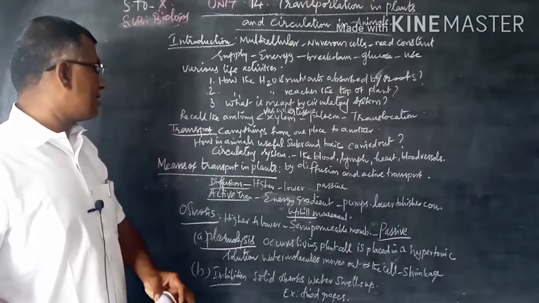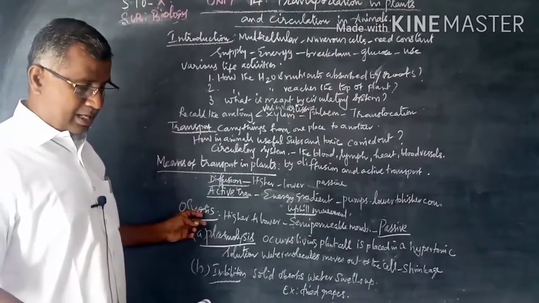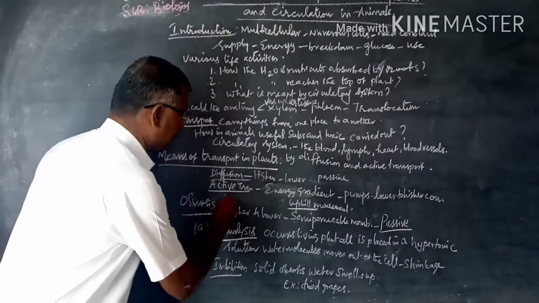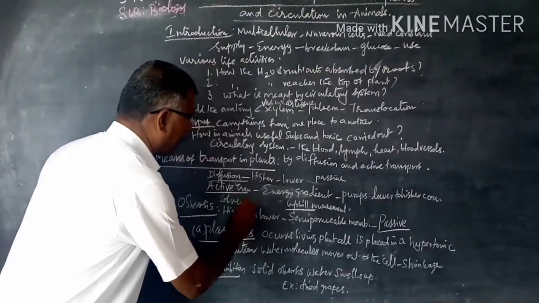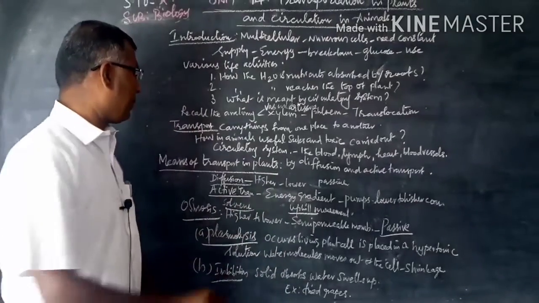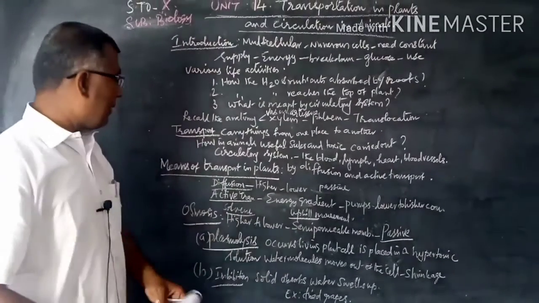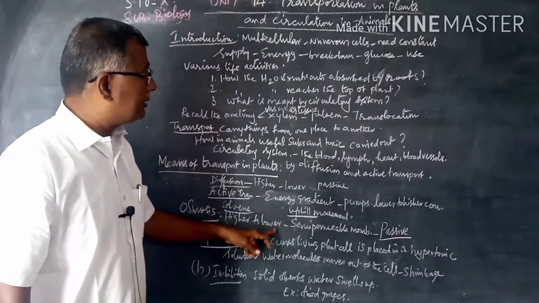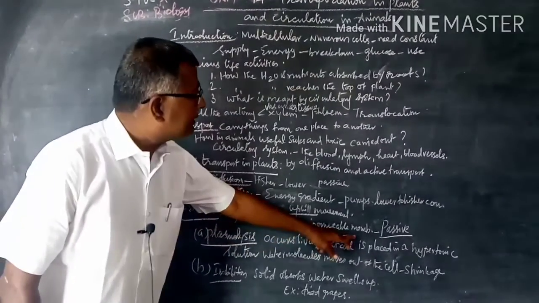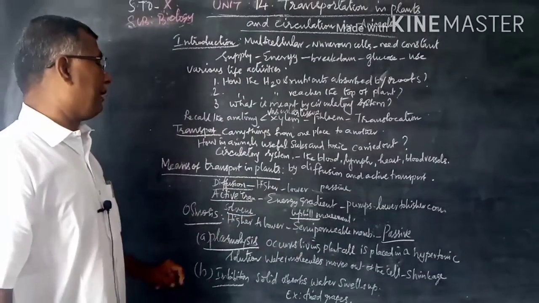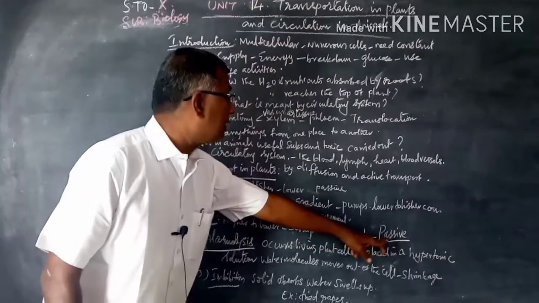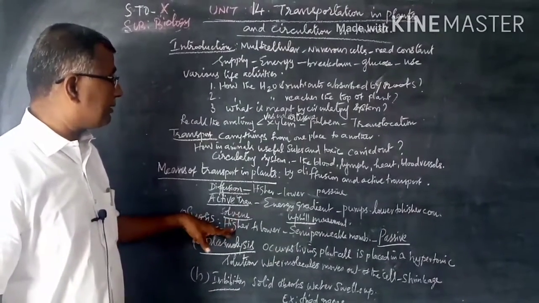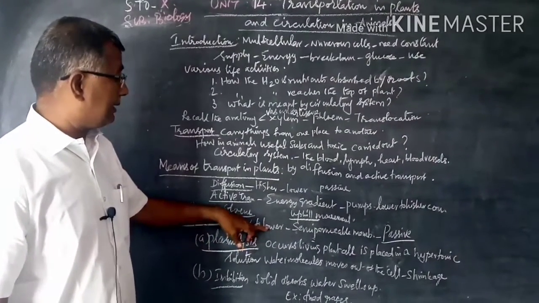Then osmosis. What is called osmosis? Osmosis is the movement of solvent or water molecules from higher concentration to lower concentration through a semi-permeable membrane, which is also a passive transport, because the movement takes place from higher concentration to lower concentration.